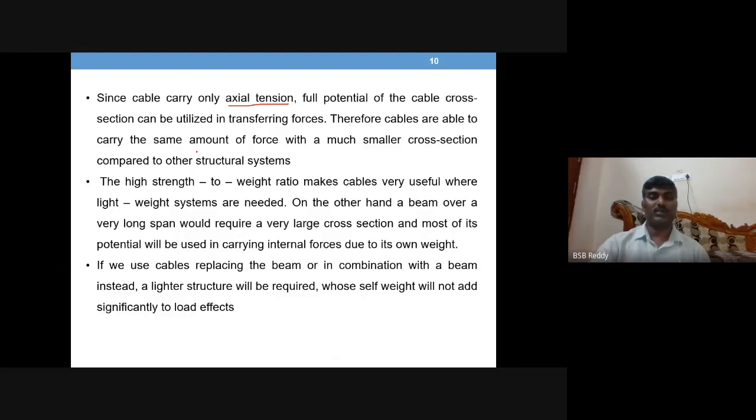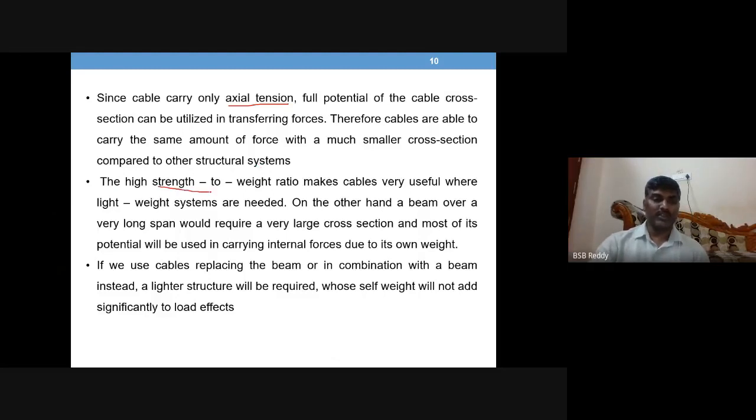Therefore, cables are able to carry the same amount of force with a much smaller cross section compared to other structural systems. If you use a beam, you are going to waste the material, whereas if you use a cable, you are going to use the full strength of the cable.